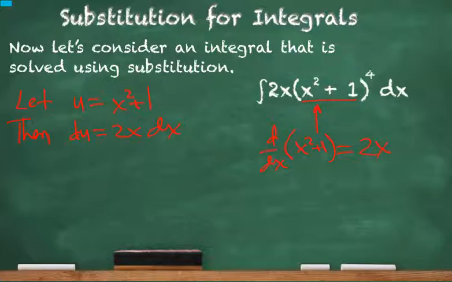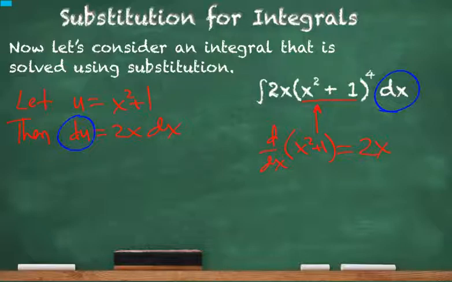Now, if you remember when we did the second fundamental theorem of calculus, where we were taking derivatives of integrals, we had to replace the temporary variable dt with the dx version. So we're doing that here again. We're saying that we have an integral that is currently in the form of dx, but we want to change it to the form of du. So we're going to have to complete the substitution in two ways.